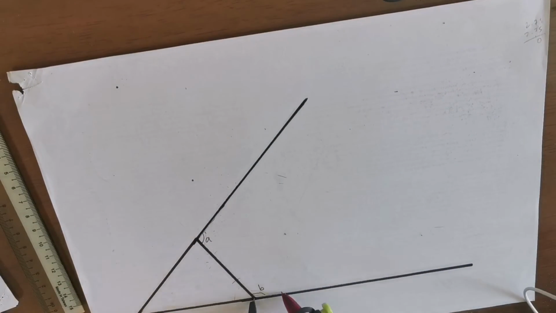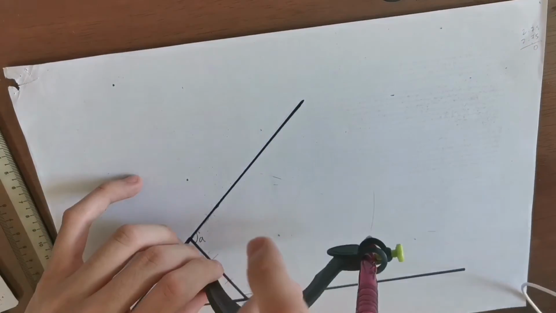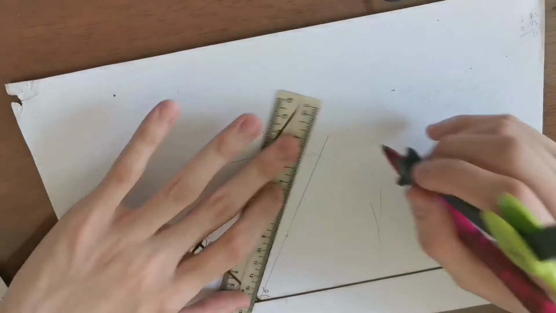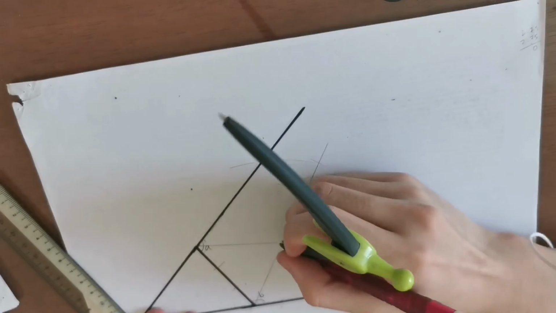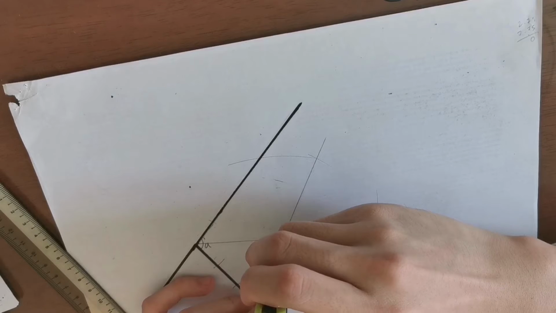Now if you want to bisect the third angle, feel free to do so. It is the internal angle opposite to the external ones. And here, resulting in this point right here. Supposedly this is an excenter.